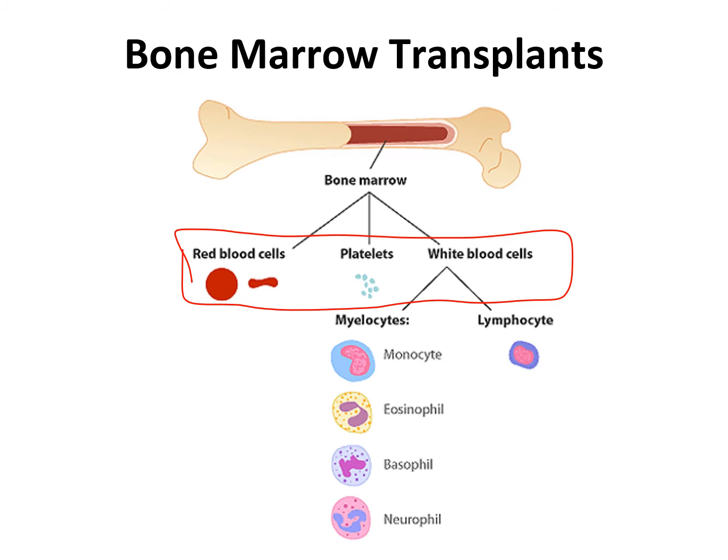So when an individual has a problem with any of those formed elements, so it would be like leukemias, lymphomas, that means there's a problem with the stem cells in the bone marrow. So a bone marrow transplant is where you are replacing those stem cells with stem cells from another individual.